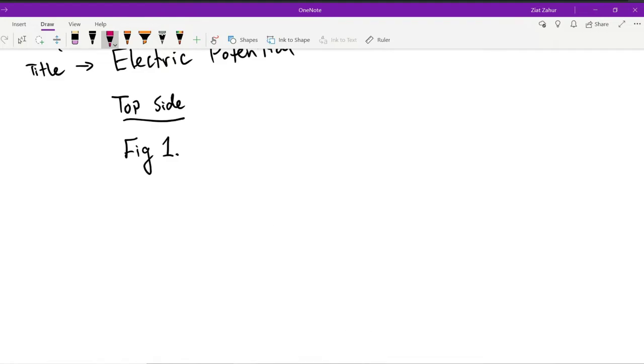Okay. So the idea is that if you have 2 charges that are the same charge, like plus and plus, we know that they would repel, but if you have a charge that is plus and minus, we know that it will attract.